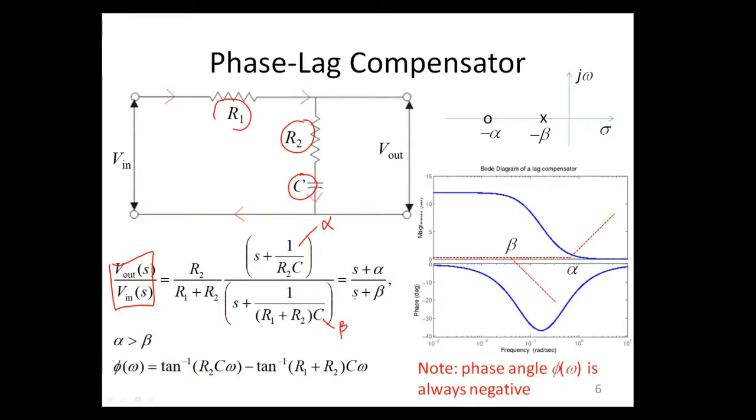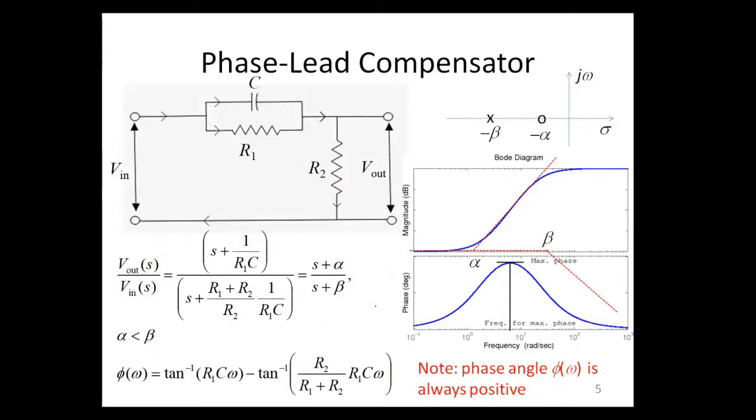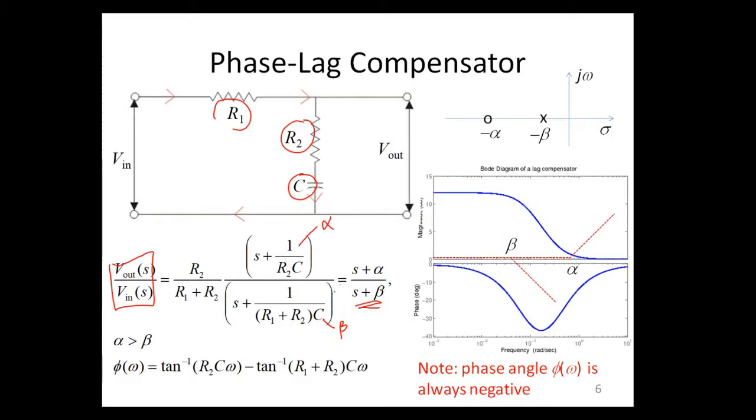Assuming this alpha and beta gives us a transfer function very similar to that shown in the phase lead compensator, which is S plus alpha over S plus beta.